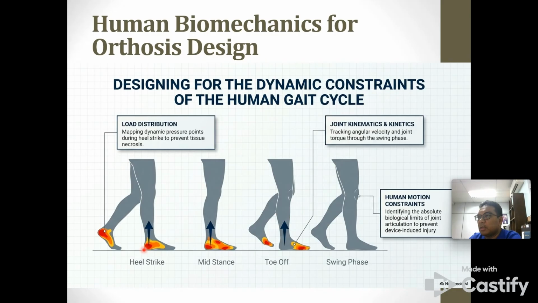You can have a sensor mounted on the surface of your leg here, so that you can do some measurement of the load distribution, and then joint kinematics and kinetics, which is to track the angular velocity and joint torque through the swing phase.